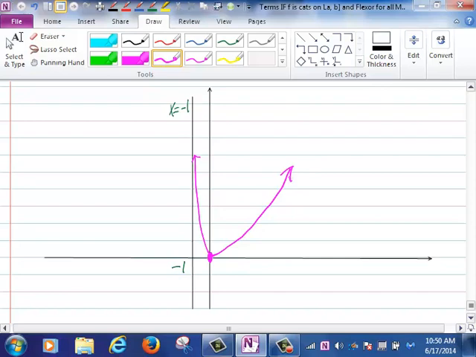Now, in order to be more precise, you have to pick your scales carefully and plot some more points. If you plot some arbitrary points like at 1, at 2, at 3, you'll get a slightly better sketch. But this is fine, as long as this is the overall shape of the curve. I have the asymptotes and everything, all the information is there.